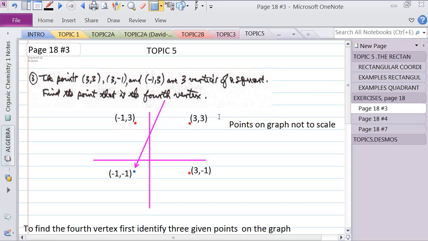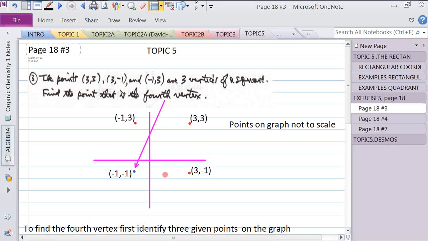(3, 3) is right here. In other words, x is equal to 3, and y is equal to 3. The next one is (3, -1), so that's right here. This lies directly underneath. The x is 3, but now the y is -1.